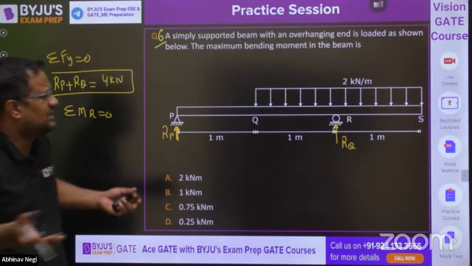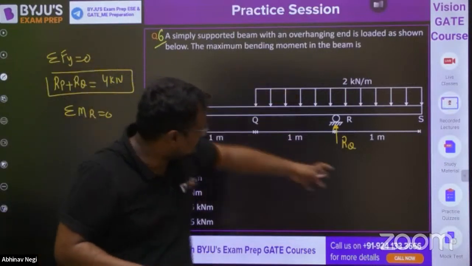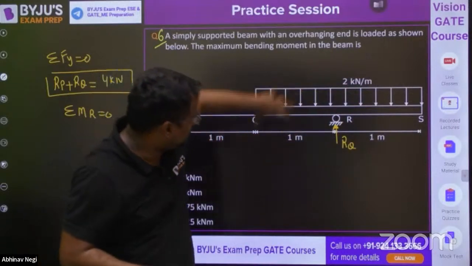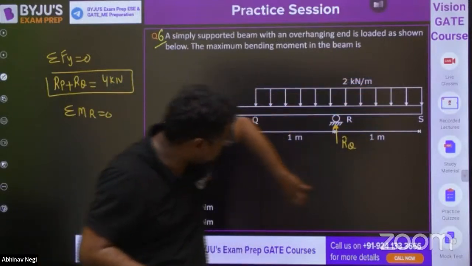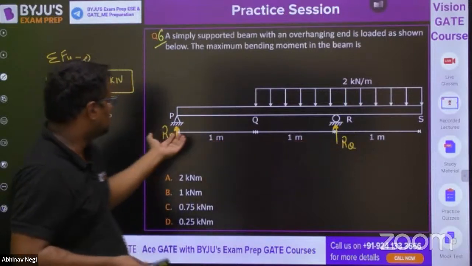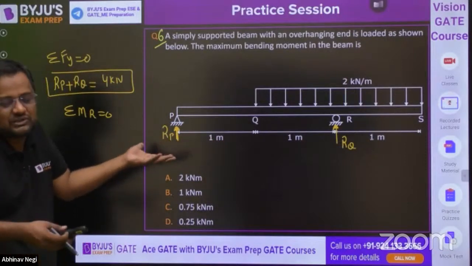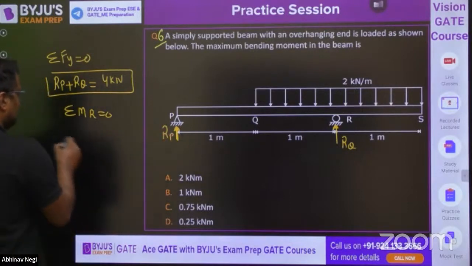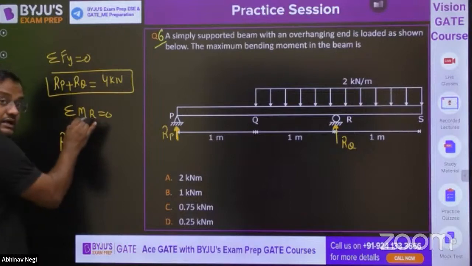It is itself showing here: this portion and this portion are the same amount because both are 1, so this will be 0 anyhow, clearly without calculation. This is moment, not bending moment.